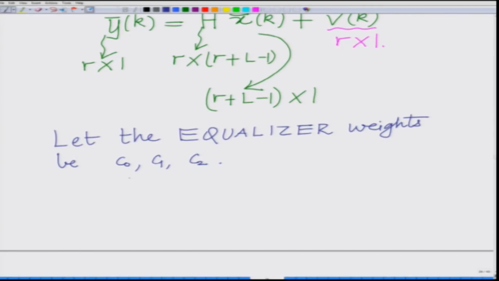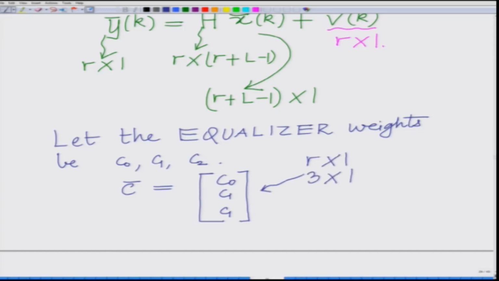Therefore, now I can denote this equalizer by C bar, which is C0, C1, C2. Remember, observe this is an R cross 1 vector, or basically a 3 cross 1 vector. This is the equalizer.